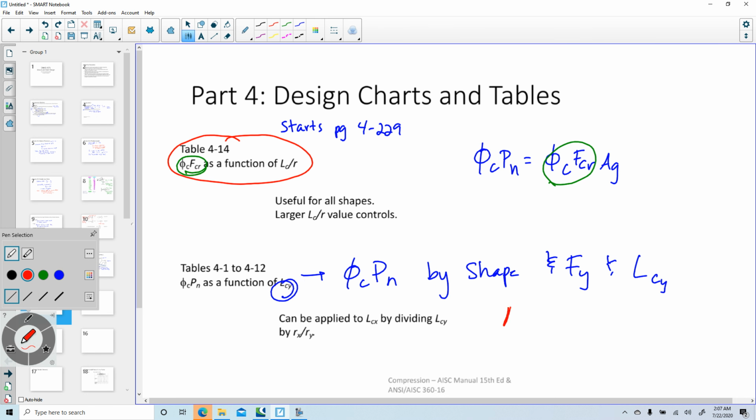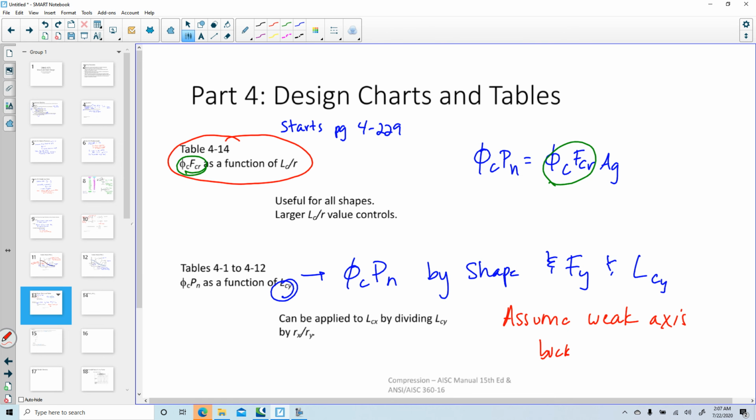These tables assume that weak axis buckling controls. If weak axis buckling is not going to control, you can still use these tables, but you have to do a little bit of calculations, okay?